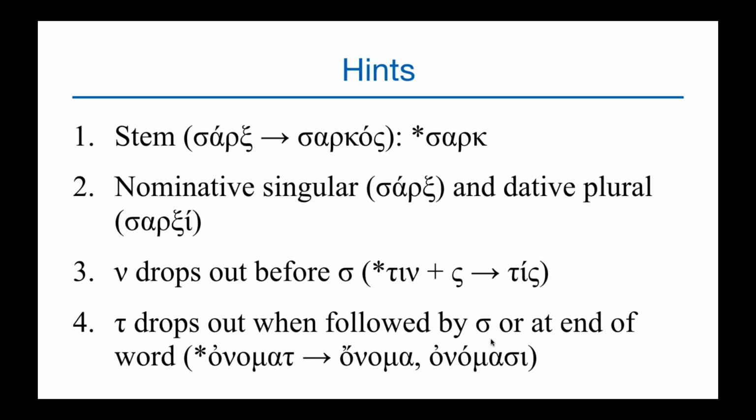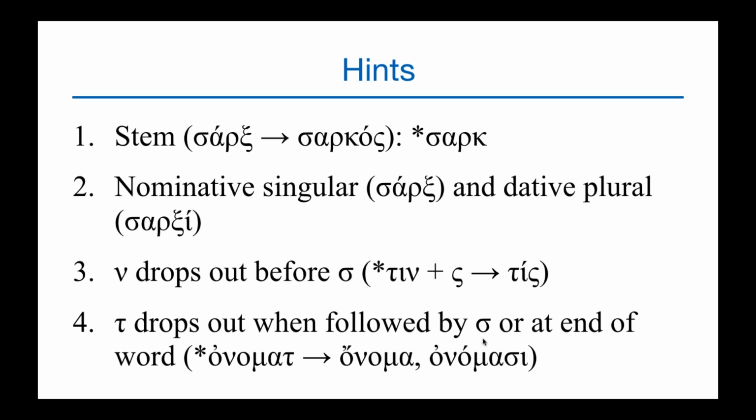So in the third declension, you can see here that Mouse has listed some of the hints. The main hints are related to what you need to memorize, okay? Or I say memorize, as long as you understand this.